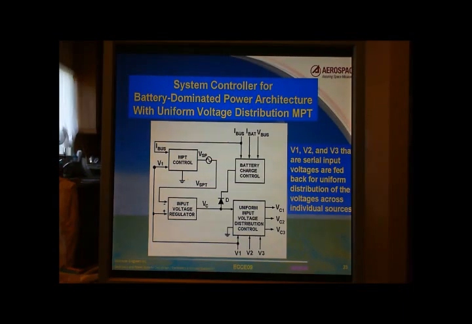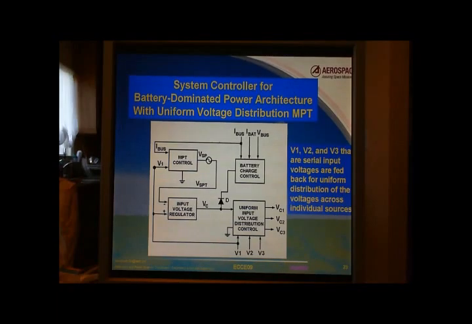The other two functions are battery charge control and uniform input voltage distribution control. We call it UIVD control. This control for uniform voltage distribution is always active at all times.